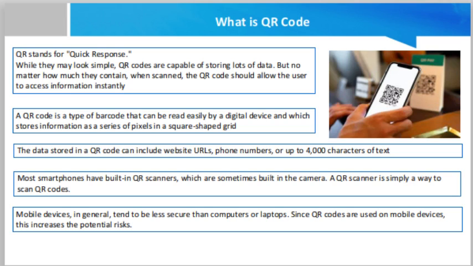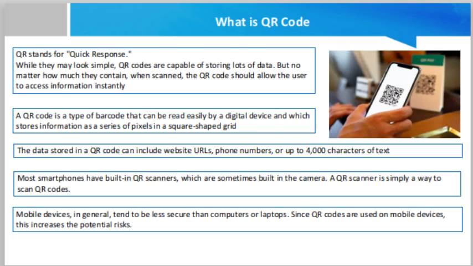A typical attack involves placing malicious QR codes in public, sometimes covering up legitimate QR codes. Unsuspecting users who scan the code are taken to a malicious web page which could host an exploit kit, leading to device compromise, or a spoofed login page to steal user credentials.